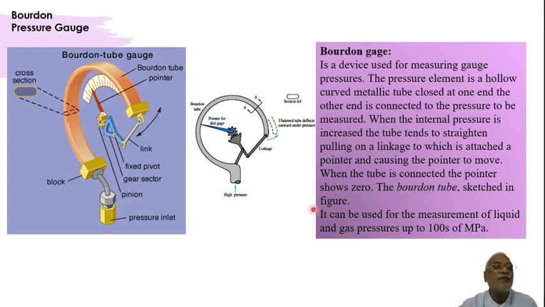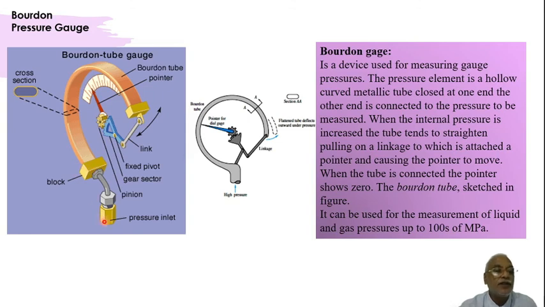Okay, here is a better view of the same thing, right? So this is the pressure inlet. Here there is a pipe which is the Bourdon gauge tube. The cross section of this is oblong, you can just see here.